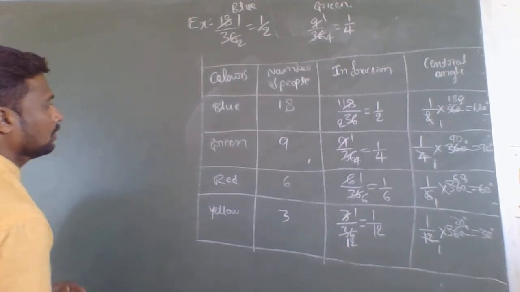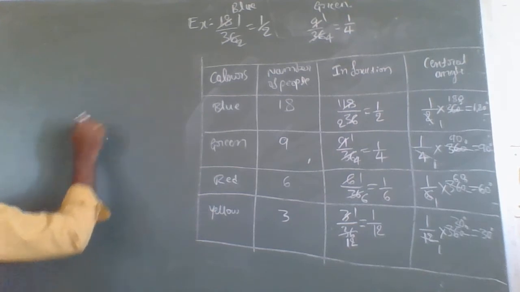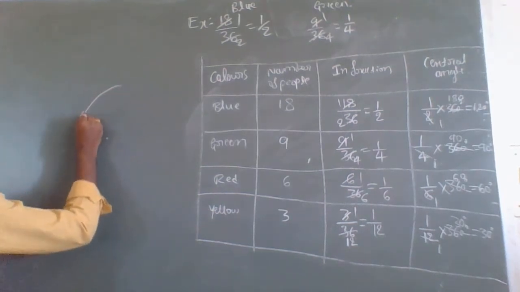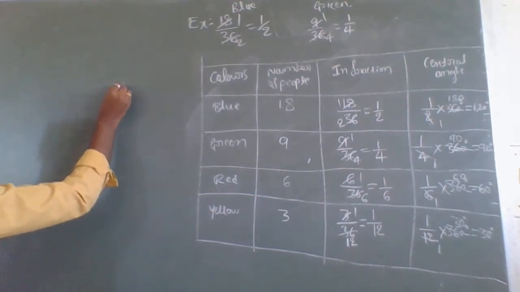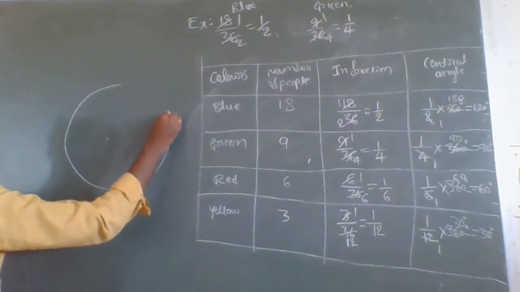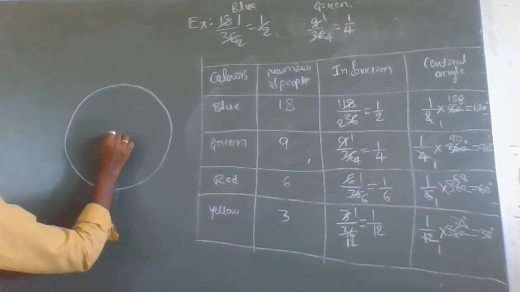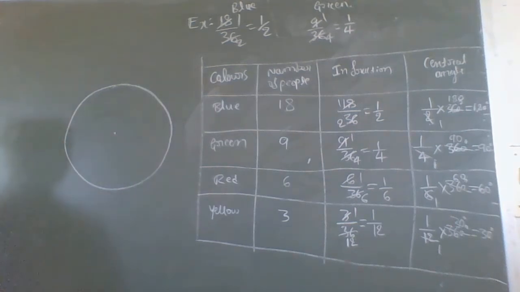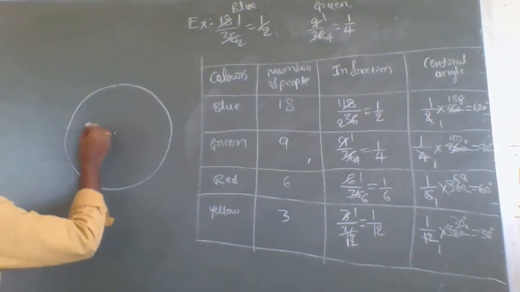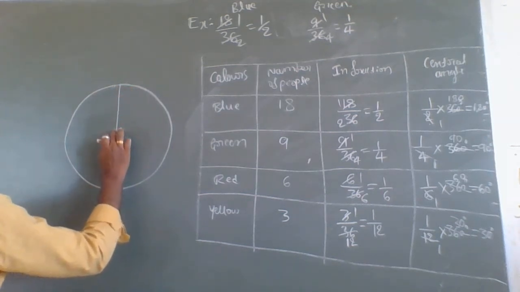So now, first I will consider one circle with a convenient radius. This is the center point. First, I have to consider one radius.